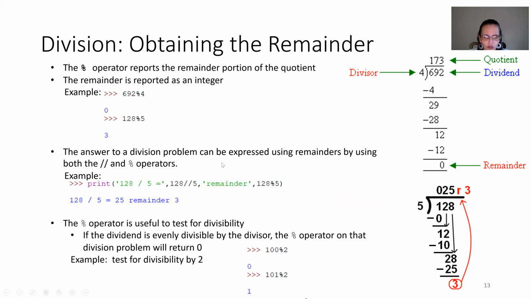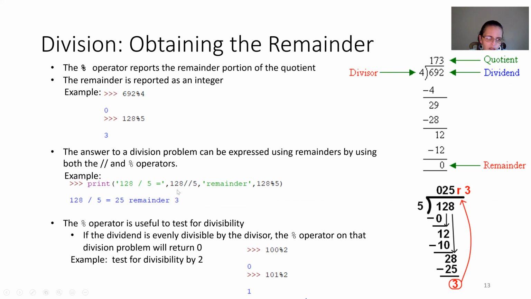So the answer to a division problem can be expressed using remainders by using both the floor division and the percent operator. This is an example of how you could print that out. You do print 128 divided by 5 equals, and then we calculate that, and then remainder, and then we use the calculation here. Note that we're using floor division here, and here we're using the percent symbol to get the remainder.